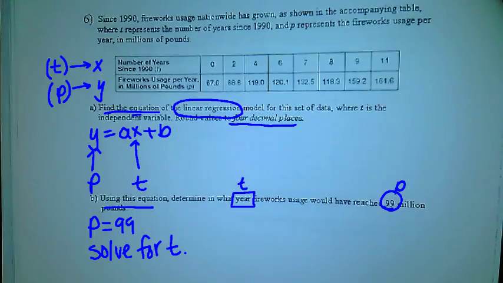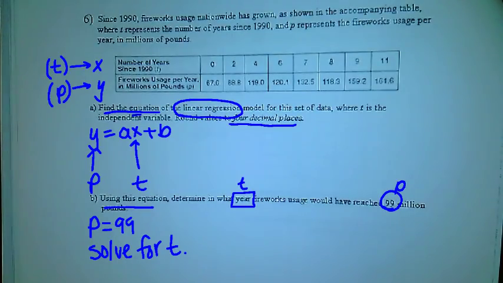Then once you have A, so A is going to be an equation. Okay? So P equals 2x plus 9. I don't know, something with millions of decimals. So you're going to round to 4 decimals, and then you're going to use that equation, and you're going to plug in 99 for P, and then solve for T. Okay, so I want to know after how many years would they reach 99 million?